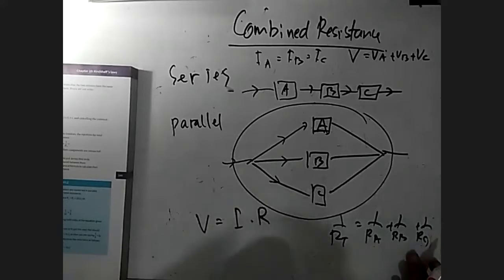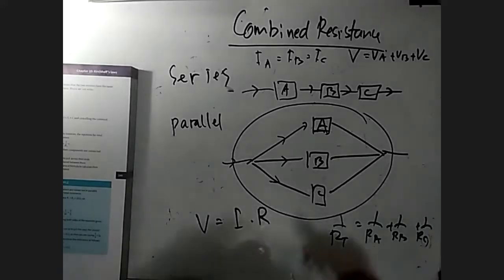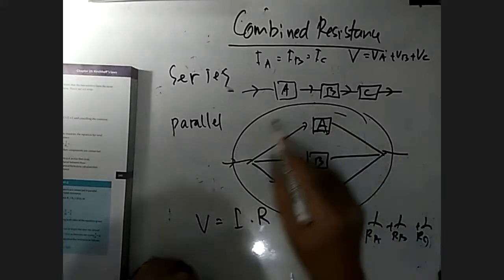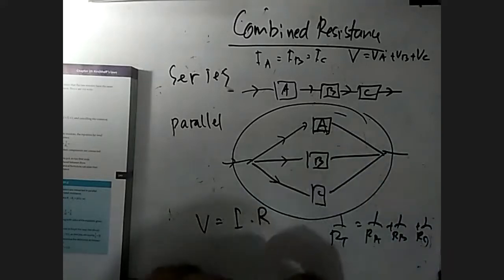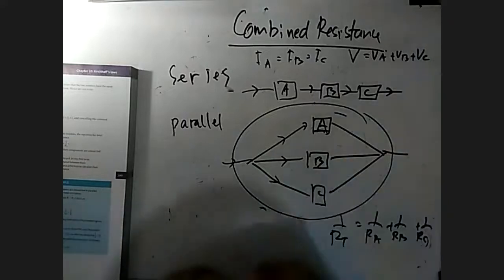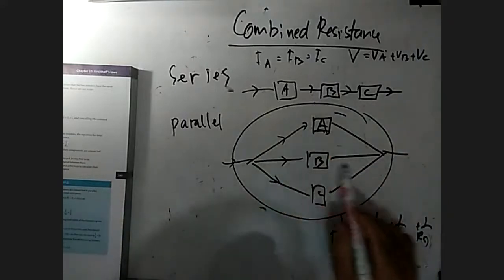How come? Before we go to this, let's see the application of Kirchhoff's second law on this loop. What happens if we apply Kirchhoff's second law on the loop going from A to B and back?